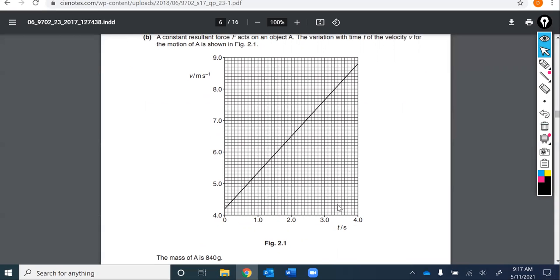If we're just looking at a velocity-time graph, we can anticipate some calculation. If we took the slope of this line, we would be able to deduce the acceleration. The rise in meters per second, the run in seconds, and the rise over run with meters per second squared are the units of acceleration.